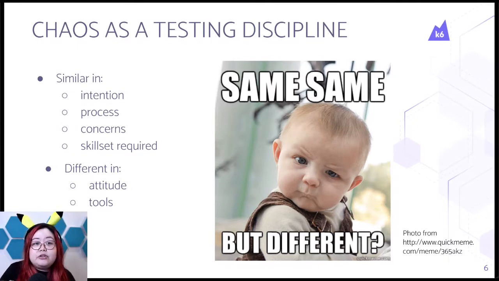Another difference is in the tools that they require. Chaos engineering is still relatively new compared to software testing in general, so they tend to require different tools. I'm not aware of many fully featured testing tools that can also do chaos experiments, and the reverse is true too.